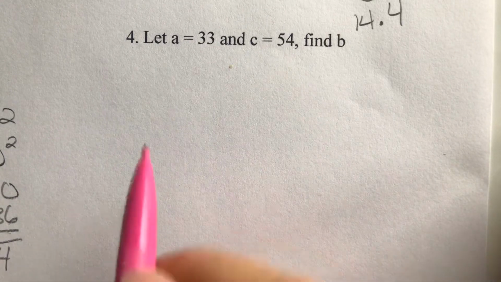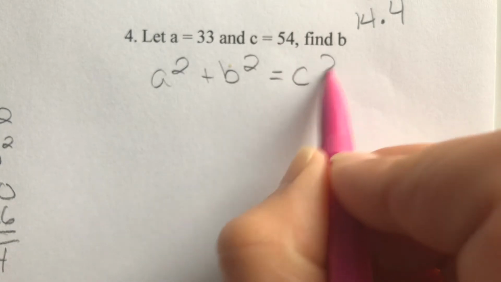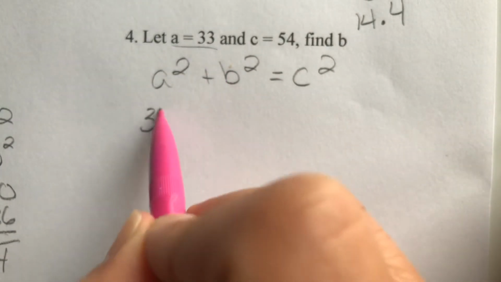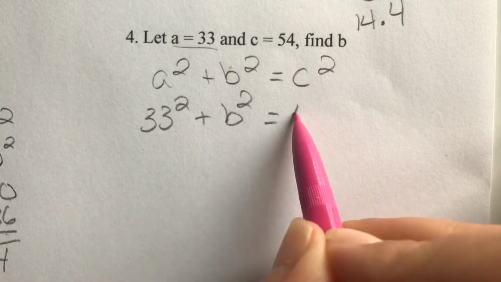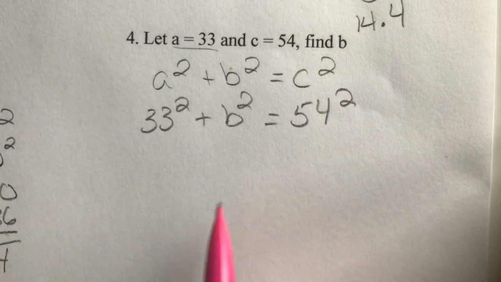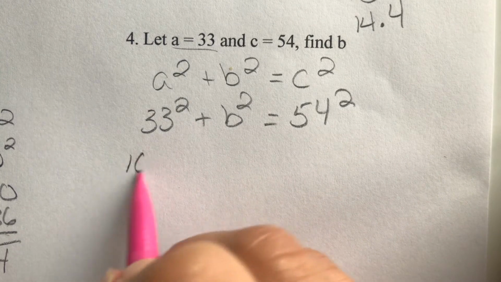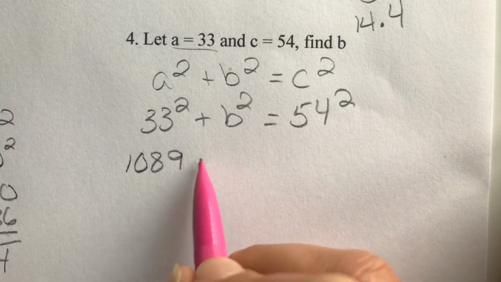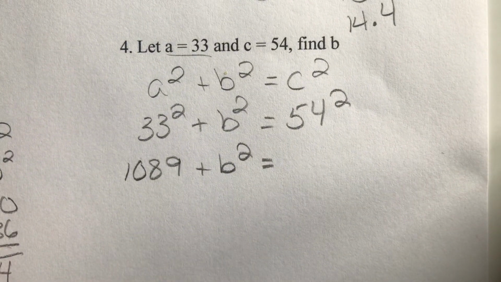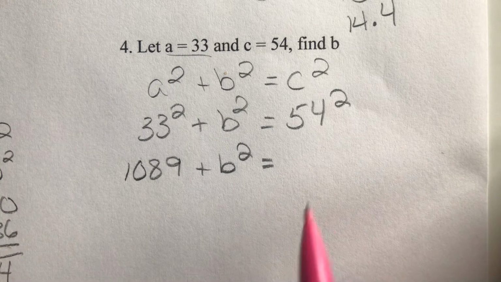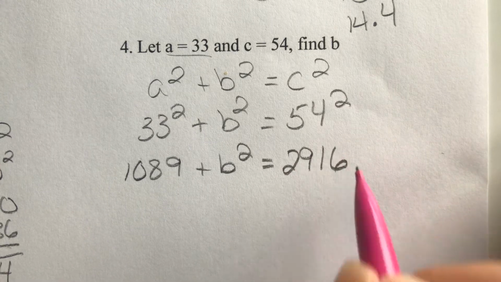Okay, 4. Starting with my formula, a squared plus b squared equals c squared. Let a be 33, b we don't know, and c is 54. I'm going to go to my calculator. 33 times 33 is 1,089. 54 times 54 is 2,916.